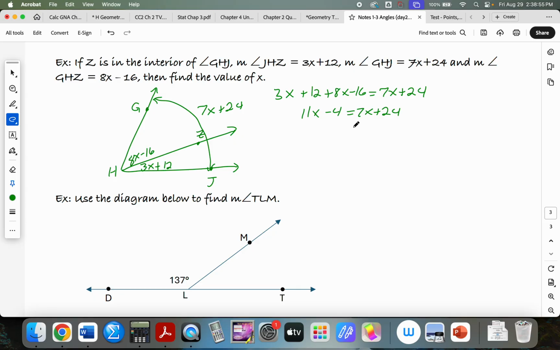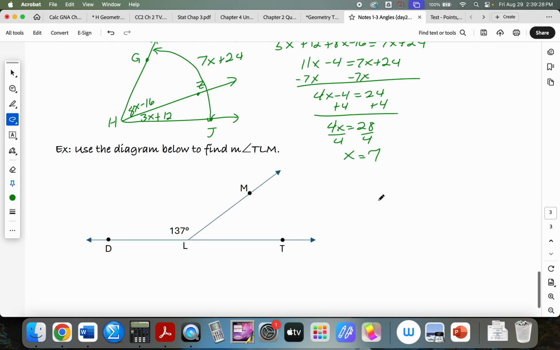Subtract 7x from both sides. So that's 4x minus 4 is 24. Add 4 to both sides. I get 4x is 28. Divide by 4. x is 7. Yay. I got the answer.